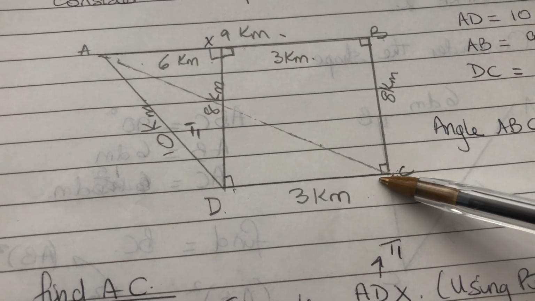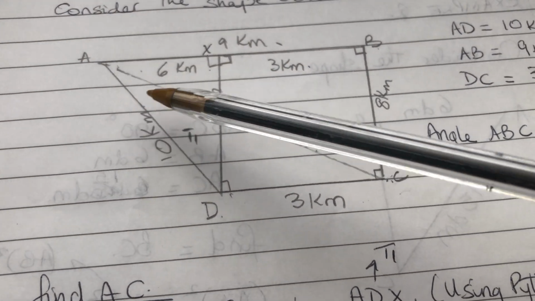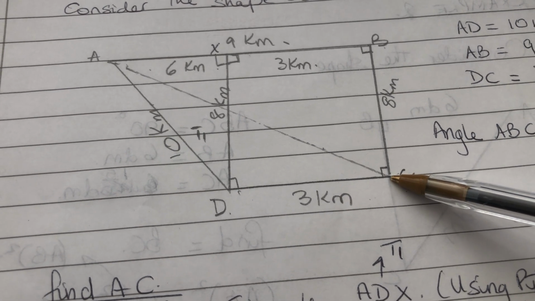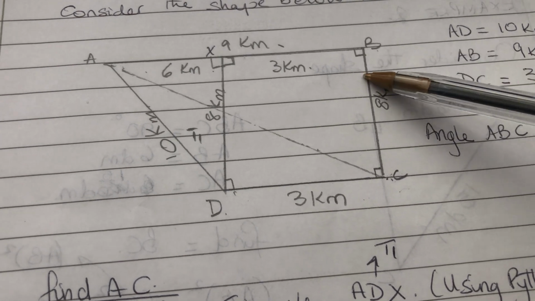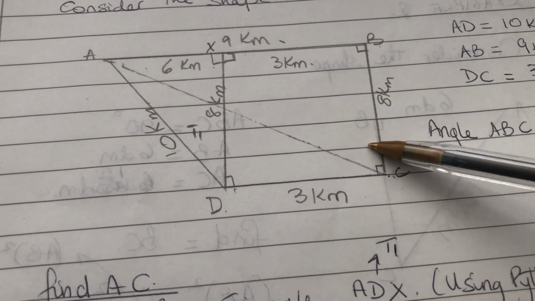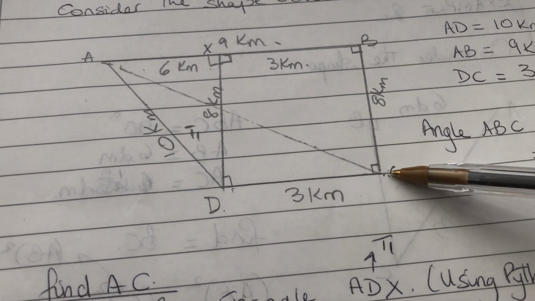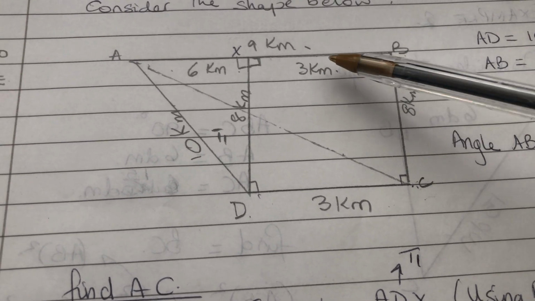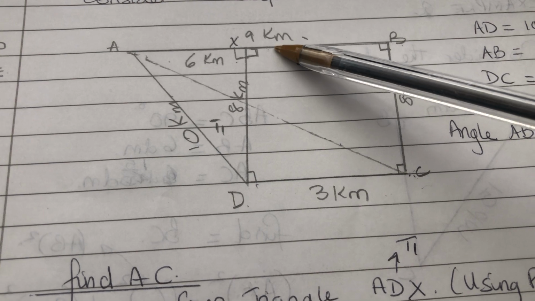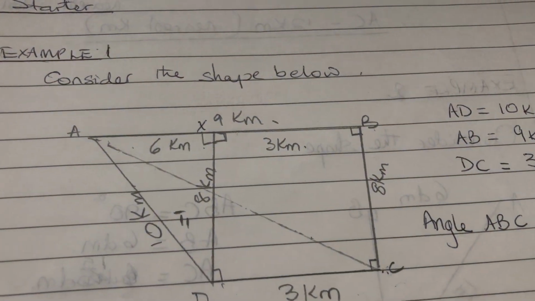So AC all squared will be equal to 8 squared plus 9 squared, which is our AB.